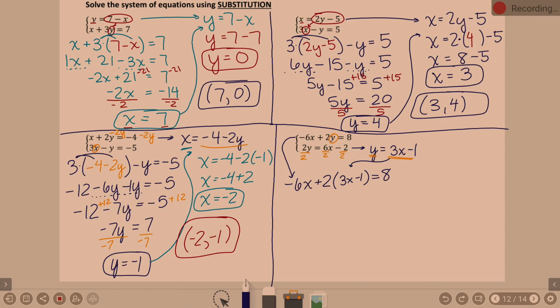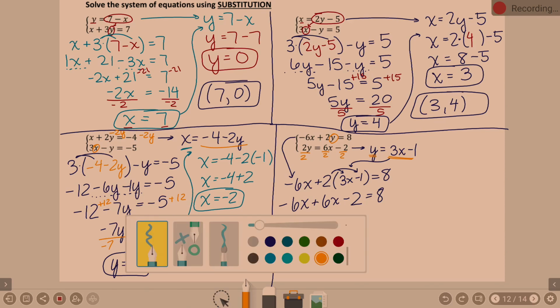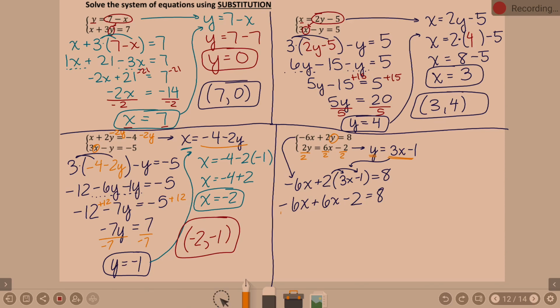What are you doing? Distributing. Negative 6x plus 2 times 3x is 6x. 2 times minus 1 minus 2 equals 8. Negative 6x plus 6x. What'd you say? It is just 0, isn't it?